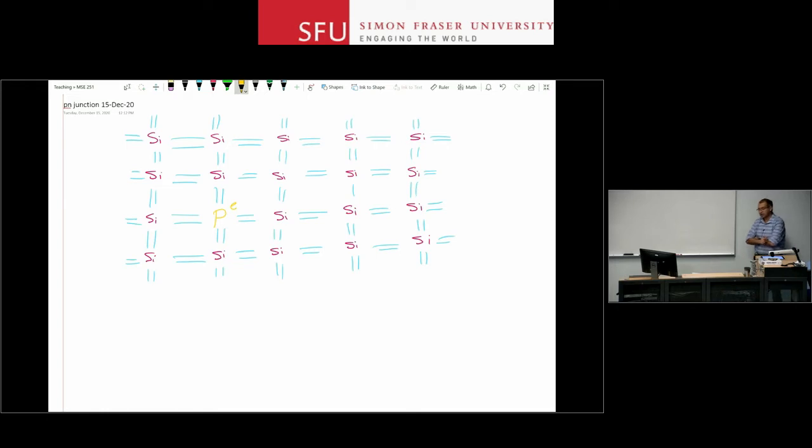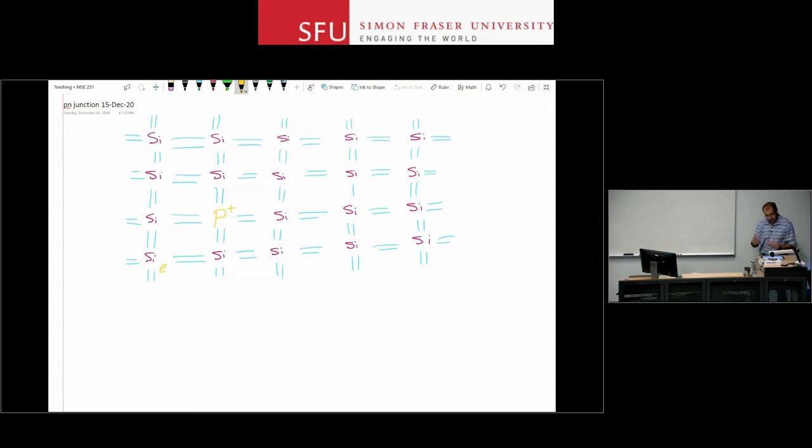It actually wouldn't mind getting rid of it if it could. So as soon as you provide a little bit of extra energy, this electron is detached from the phosphorus atom. What you have left is a positively charged phosphorus, but an electron that can move in the lattice relatively freely. So it can jump from here to here. None of those silicon atoms have to be ionized now. You have an ionized donor.